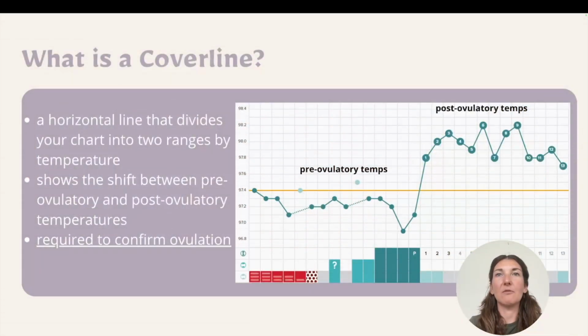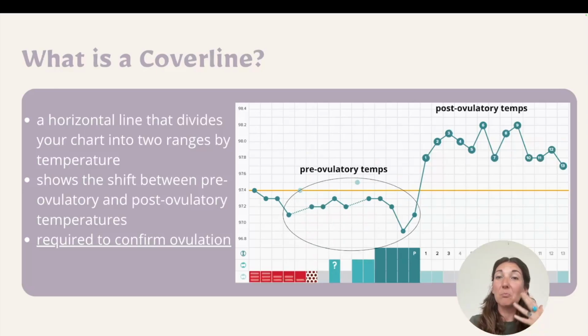So what's a cover line? A cover line is a horizontal or vertical line, depending upon if you're using a vertical chart or horizontal chart, that essentially separates your basal body temperatures into 2 ranges. And this is called biphasic.